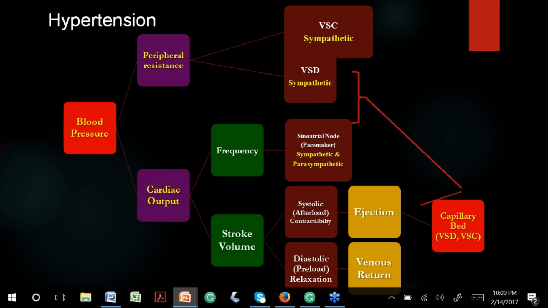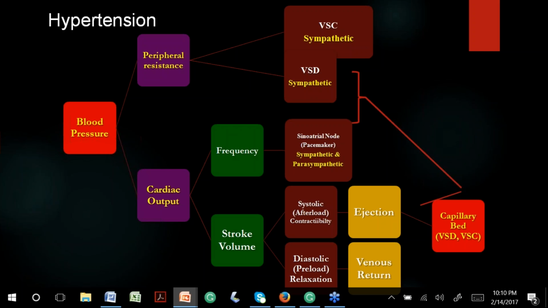Venous return means the blood coming towards the heart, arriving into the right atrium, and then going on its pathway. When the blood is arriving into the cavities, the heart will distend the cavity, because it's receiving this load of venous return. That is called the preload. Preload is the blood volume that distends the ventricles, and that is diastole.